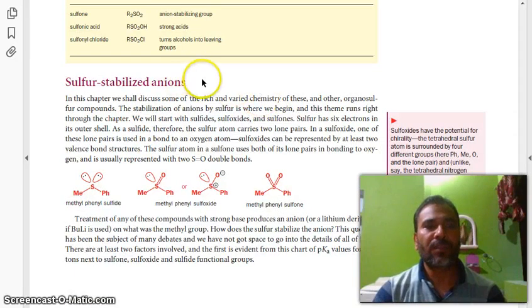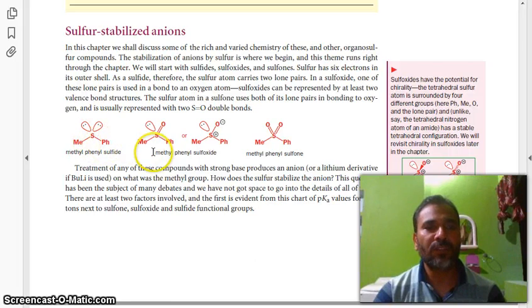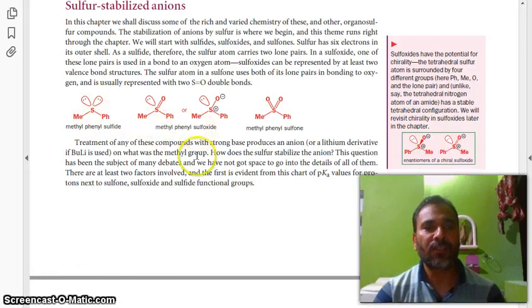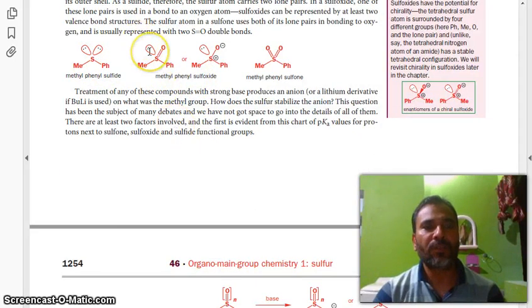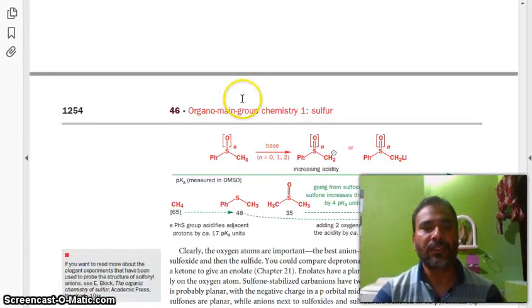So sulfur stabilized anions: you see methyl phenyl sulfide, sulfur contains two lone pairs of electrons; methyl phenyl sulfoxide, one lone pair of electrons, either this way or this way; methyl phenyl sulfone, you see the sulfone. So enantiomers of chiral sulfoxide, if you look here.